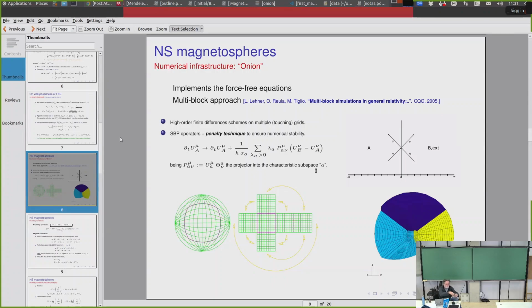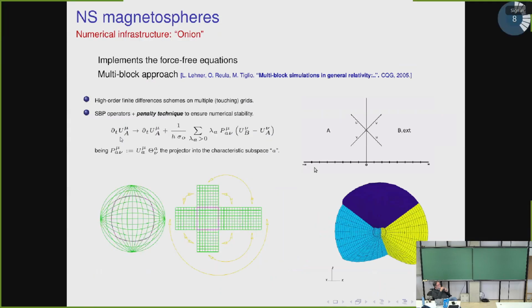And this has a very good advantage, that it is very well adapted to problems in which we have, for instance, a central compact object. Let's say it could be a black hole or a neutron star.